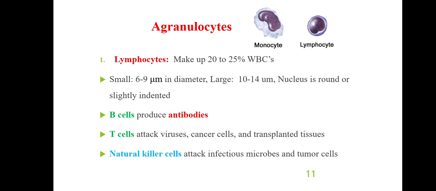Then now let's look at the agranulocytes, the monocyte and the lymphocyte. When you look at the lymphocytes, they make up 20 to 25% of the entire total white blood cells. Okay? So they are usually small because their diameter is about 6 to 9 micrometers.